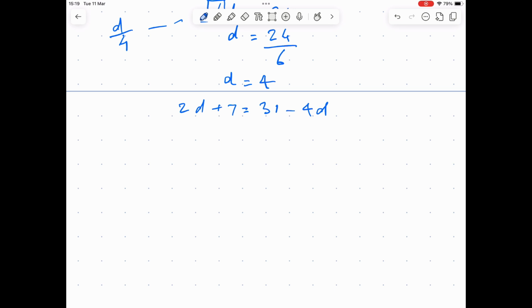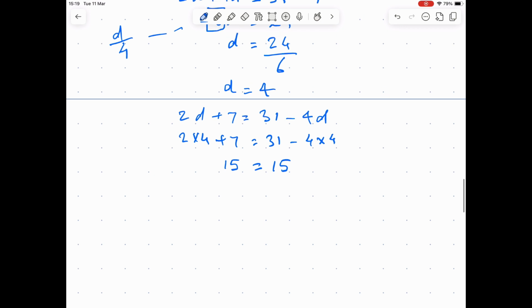So it's 2 times 4 plus 7 equals 31 minus 4 times 4. This side is 15, and so that side is also 15. So now they're equal. We are 100% sure our answer D equal 4 is correct. So that was a quick check.